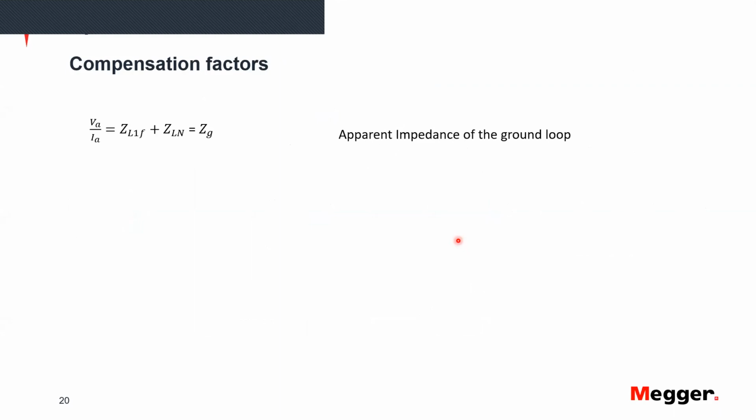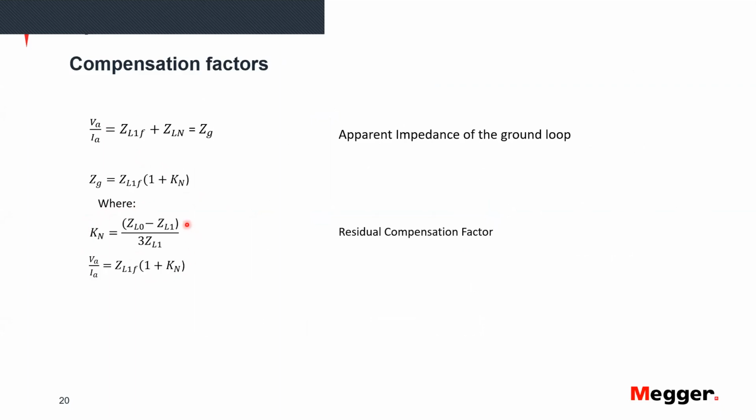And what the compensation factors do is deal with the fact that in a single phase-to-ground fault, there is an amount of impedance that has nothing to do with the impedance that I'm looking for. The way to deal with it is by calculating a type of compensation factor. There are several types of compensation factors. I'm going to mention four here.